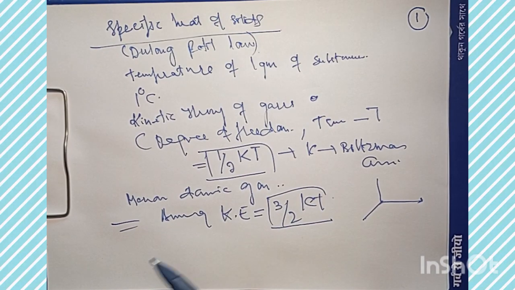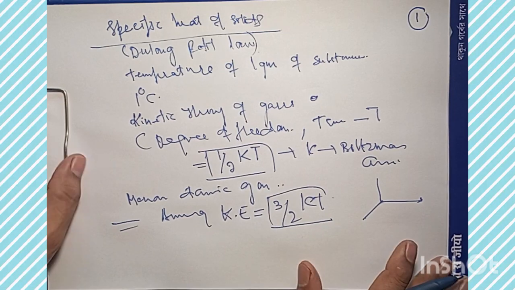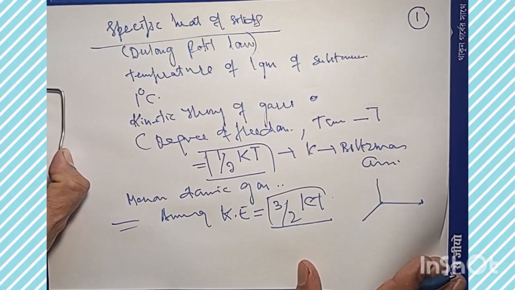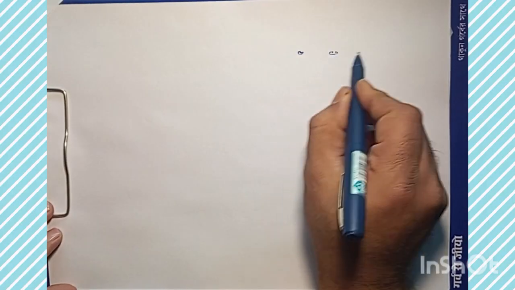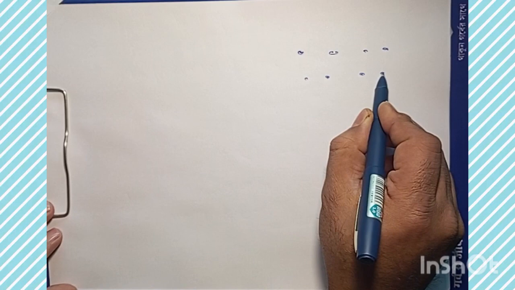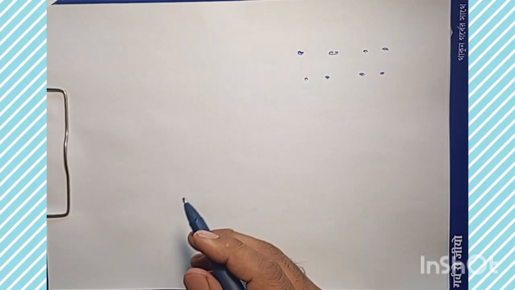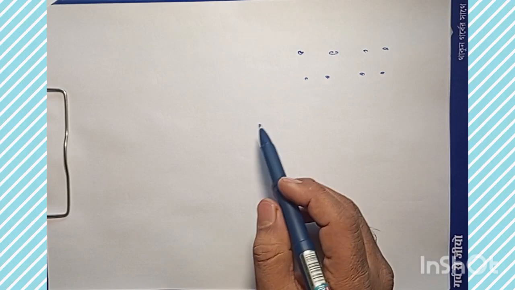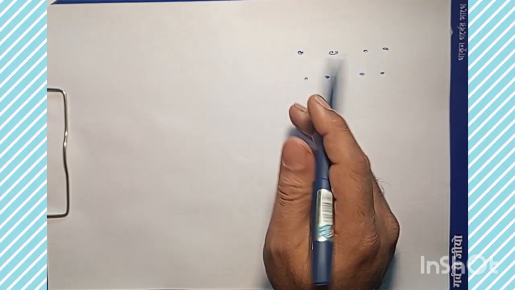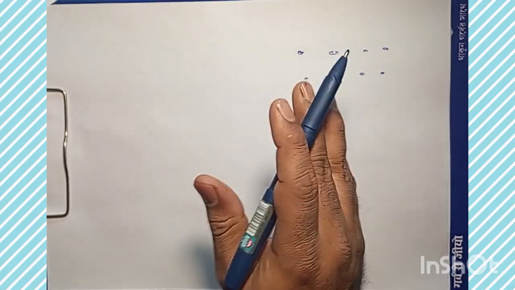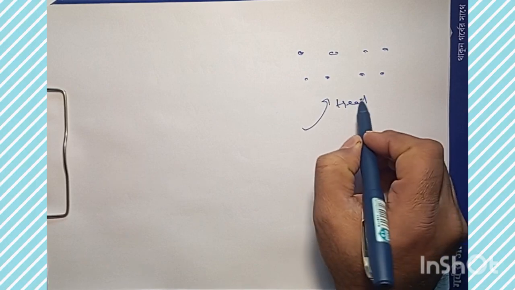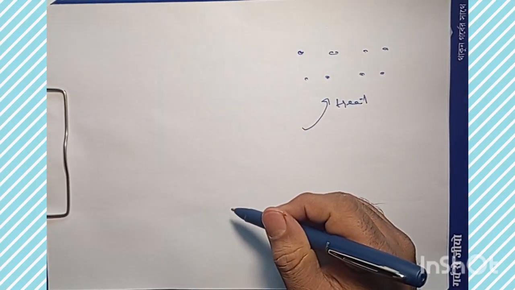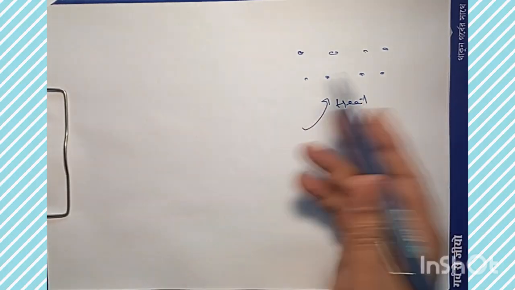Now, if we talk about a solid, we may assume at this point of time that a solid consists of some individual atoms which are bound to their neighbors, but they can resonate and vibrate freely when we heat them. We supply them some heat, they can oscillate freely, and they can vibrate freely.